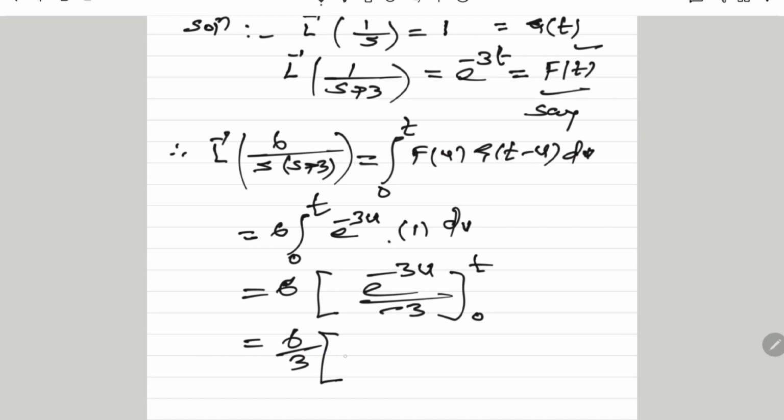Therefore, e raised to 0 is 1, minus e raised to minus 3t, as the inverse of that function by convolution theorem.